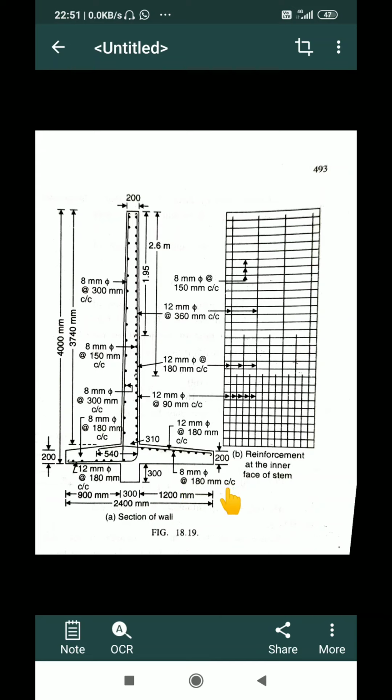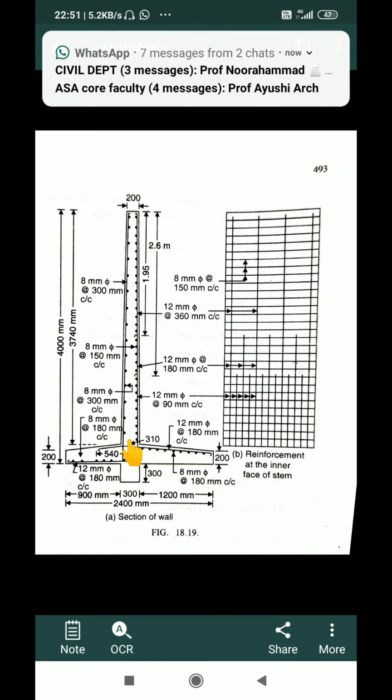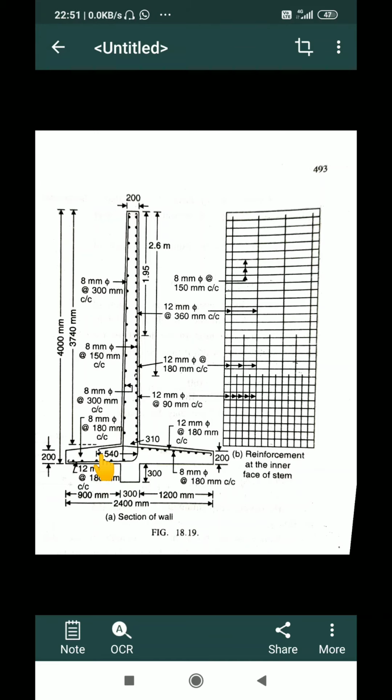And these main bars will run into the heel slab, then the stem section, and then get projected to a certain development length into the toe slab for better interlocking. The stem reinforcement coming from this end will continue as reinforcement in the toe slab because it gives a better interlocking system.